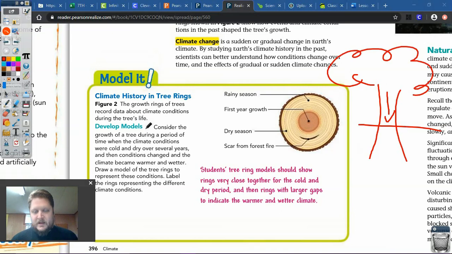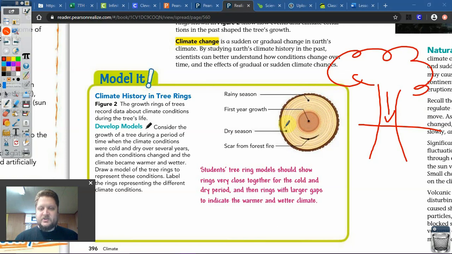We're looking at that cut. You can see the little rings that form. These are growth rings. So as a tree gets bigger and bigger and widens out, every time it gets wider, it's going to create a new ring.